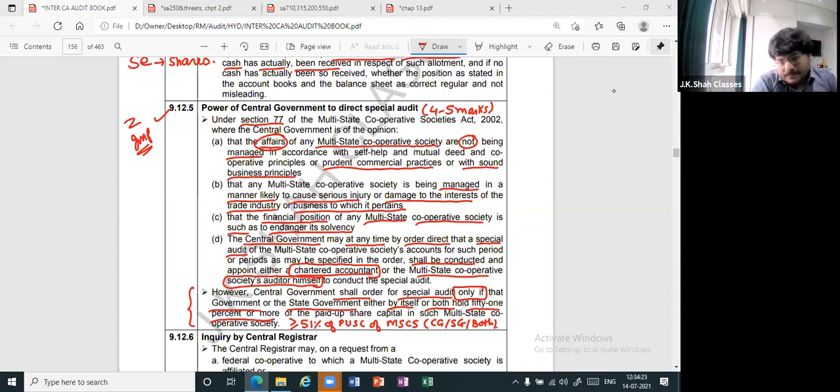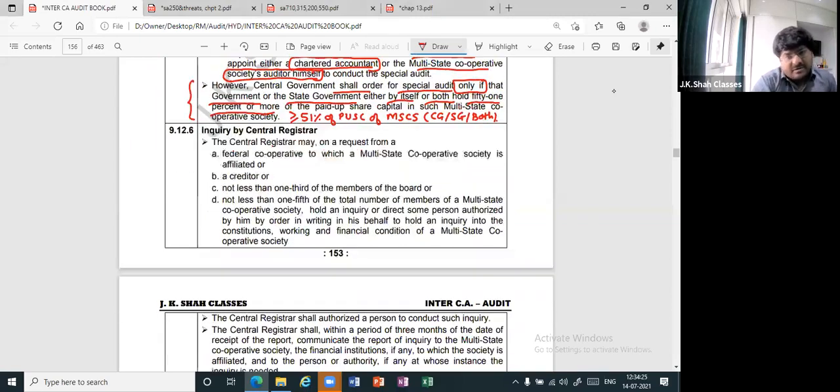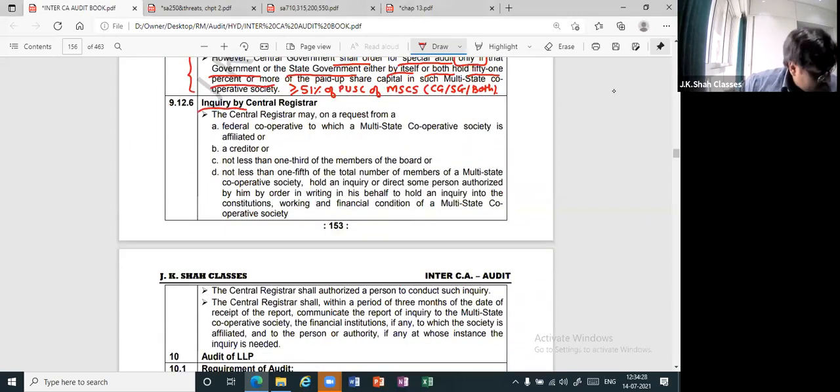All cool? Okay. Thereafter, inquiry by the central registrar. Now, when I say inquiry by the central registrar, if a member or say a creditor of an MSCS, creditor means anybody who has financial interest in the MSCS, if they have a doubt regarding MSCS functioning, a doubt that there is manipulation in the MSCS, then they can request the registrar to conduct an inquiry, that we feel that the accounts of the MSCS are manipulated, so please conduct an inquiry.